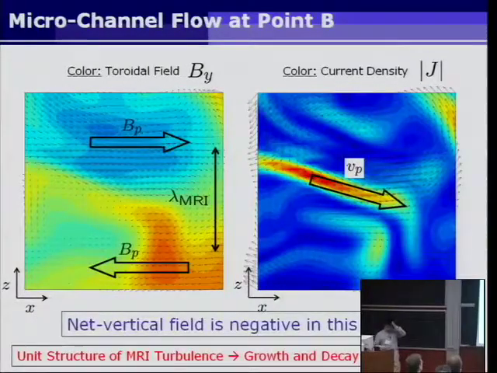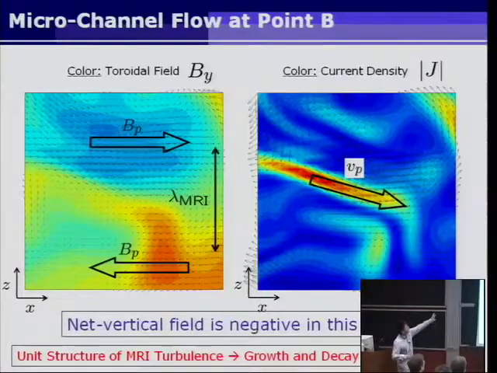This is the other example. Again, it shows a quite similar structure of channel flow. This is B. In this case, net Bz is negative, so the magnetic field line bends like this, due to this radial motion. So it is suggesting that the unit structure of MRI turbulence could be the growth and the decay of these small channel modes.